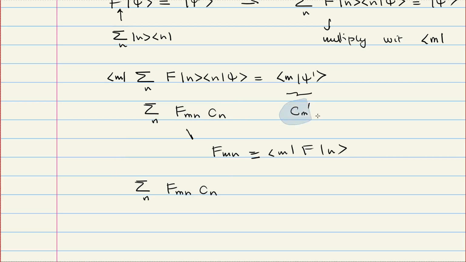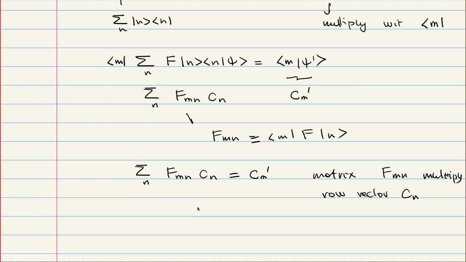What is this equation? Any student of linear algebra will recognize it. This is a matrix f_mn multiplying a vector Cn, giving us another vector Cm prime. So this is a matrix-vector multiplication.